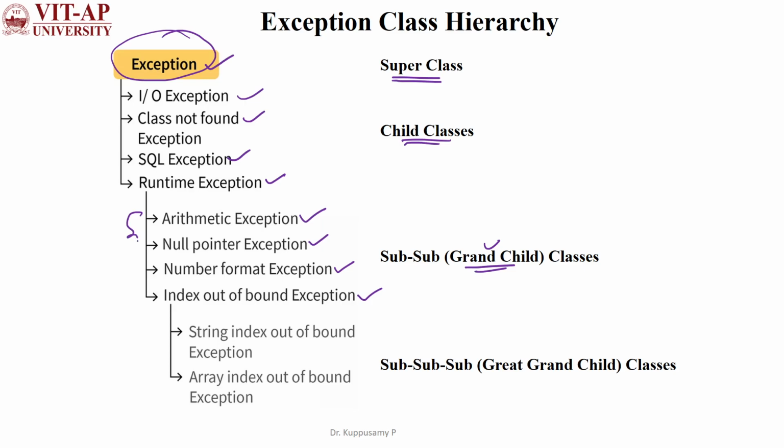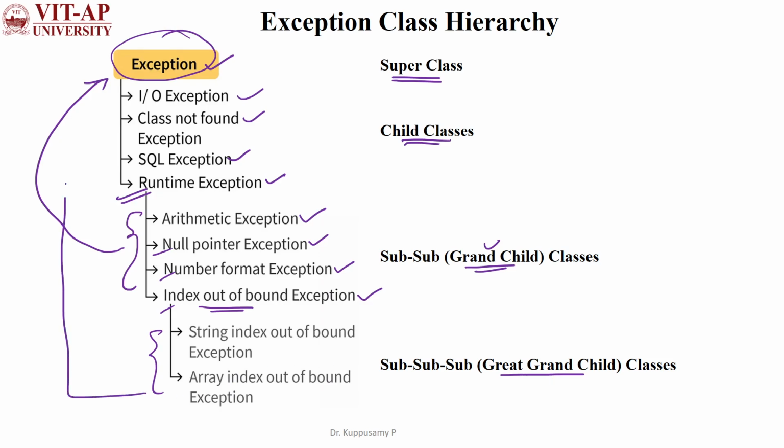Their parent is runtime exception, but at the same time Exception is a grandparent. Index out of bound exception still has its own subclasses, so these are great grandchildren to the exception class.